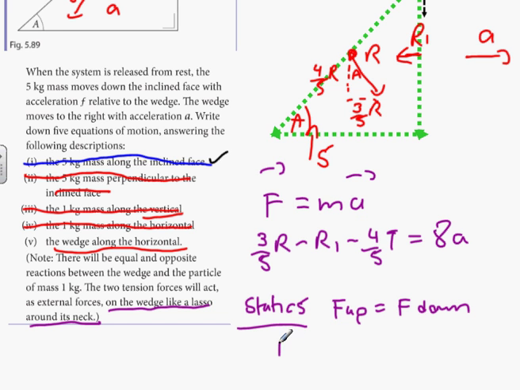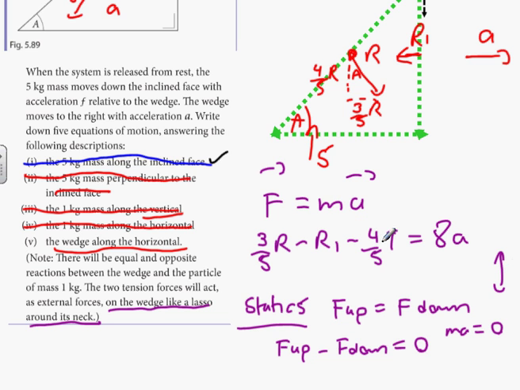Or, other way of doing it is forces up minus forces down equals 0, where MA equals 0. Because there's no acceleration up or down, is there? The wedge isn't leaving the ground, nor is it sinking into the ground. It's staying where it is. In the same way, my bag is not accelerating up and down at the moment. It just is where it is.